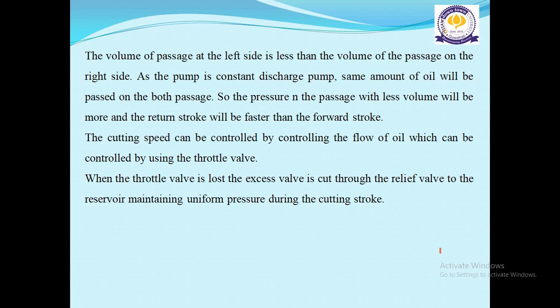So the pressure on the side with less volume will be more, and the return stroke will be faster than the forward stroke. The cutting speed can be controlled by controlling the flow of oil, using the throttle valve. When the throttle valve is closed, the excess oil is sent through the relief valve, as shown in the figure, to the reservoir, maintaining uniform pressure during the cutting stroke.